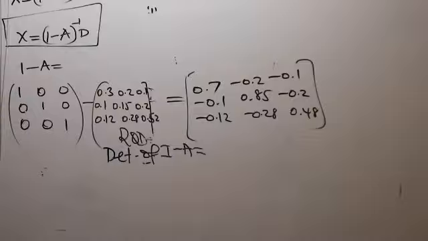So determinant of A, according to Off, is getting 0.219. How about Lucy? How about Cadra? How about Match?